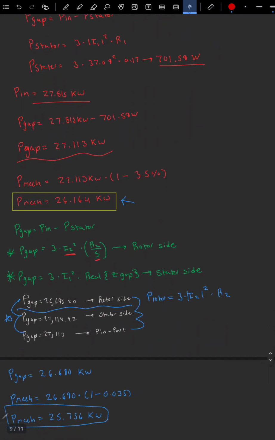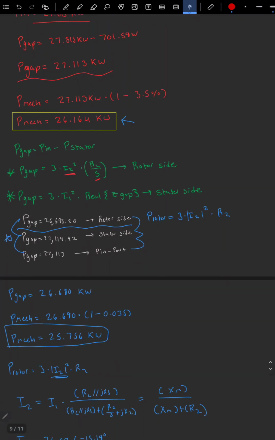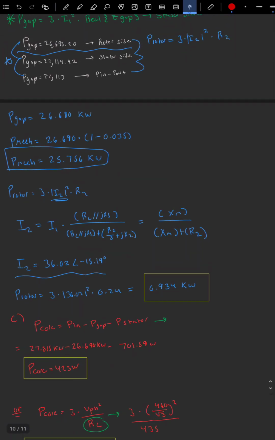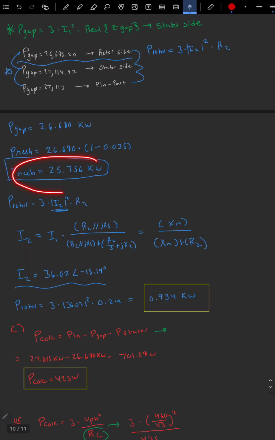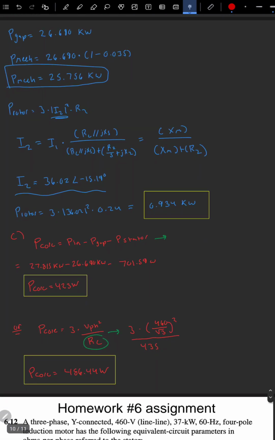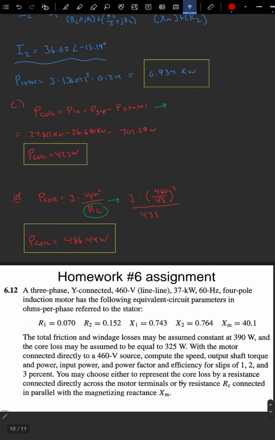I showed how to get all three P-gap powers if you're going to use the three different equations given. I explained the difference between each. Then we found our mechanical power, and we decided to use the actual rotor side for simplicity in I2. Then I talked about the difference between the two core powers.